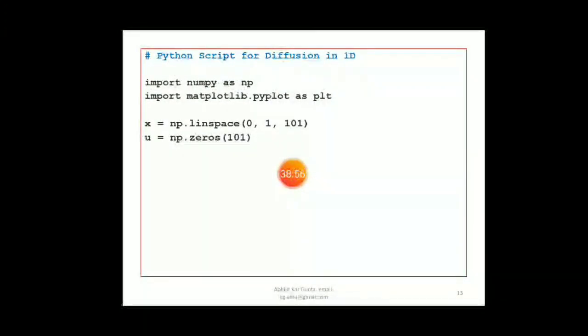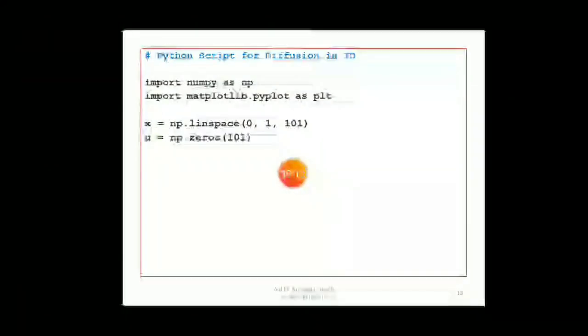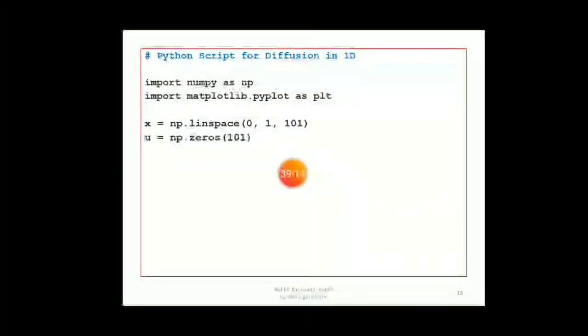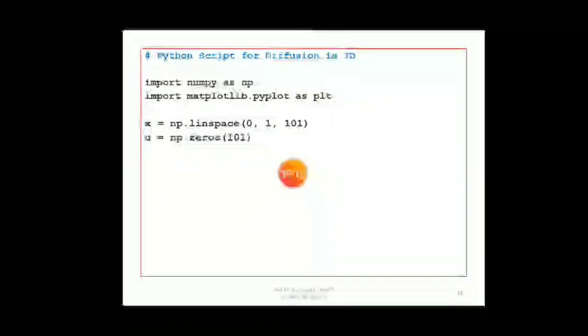That means all 101 points are given zeros. That means you have an array of 101 points for which all the elements are 0. So that's your u. Including the two ends, you have put the temperatures at all the points as 0.